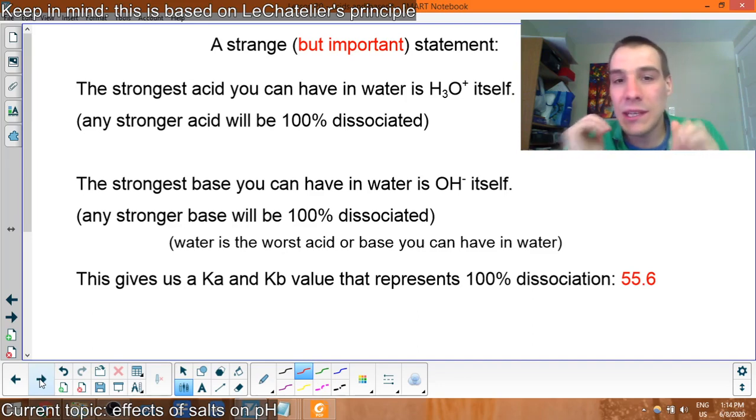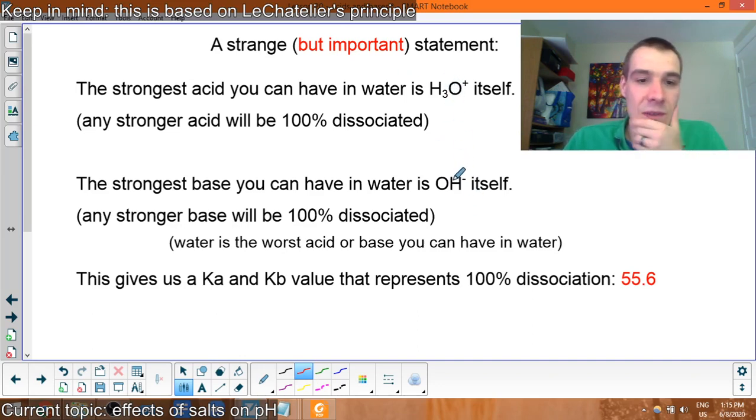That is the weakest we can get. So because water is the conjugate base of H3O+, and water is the conjugate acid of OH-, H3O+ is the strongest acid in water, and OH- is the strongest base in water, because their conjugate is water, which itself is neutral.